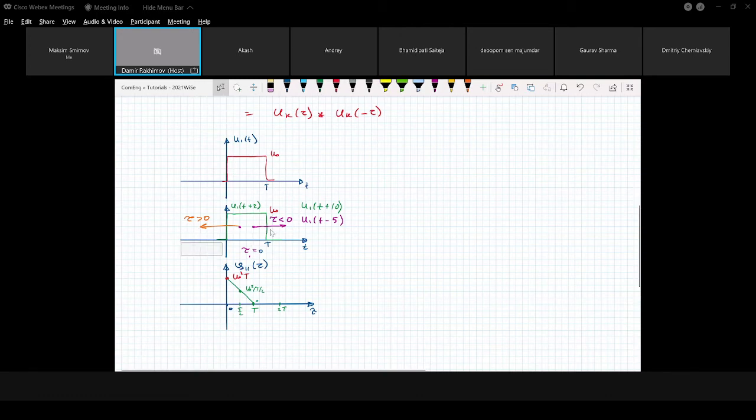Okay, let's go to the negative range for delays. Again, I move it by minus t over 2. And again, when we calculate correlation, it will be equal to u0 squared times t over 2. So the overlapping range equals t over 2. And moving further, when we come to the point minus T, we get that the result equals 0.